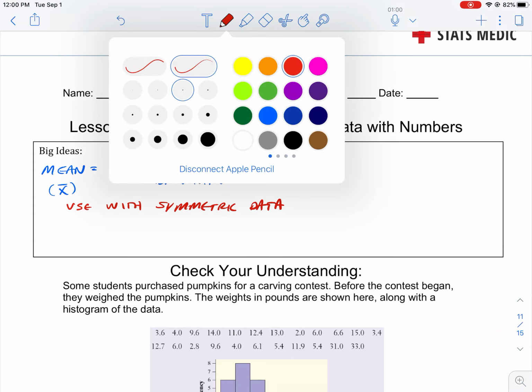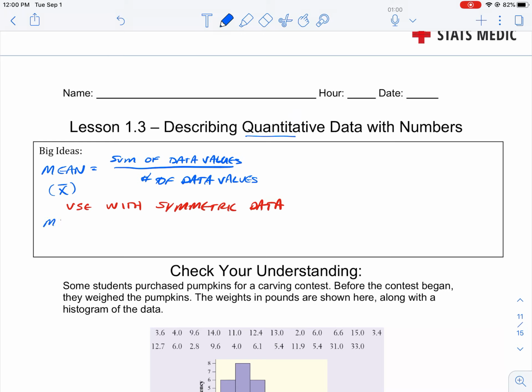Now, the other measurement that we can use is the median. As we've discussed, that's the middle point of a distribution.